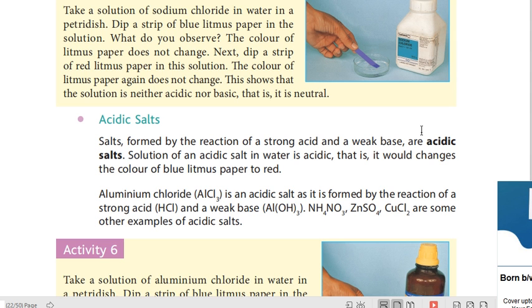So, in this type of salt, a strong acid reacts with a weak base. Okay. See, a strong acid means what? Acids like sulfuric acid, hydrochloric acid, nitric acid.